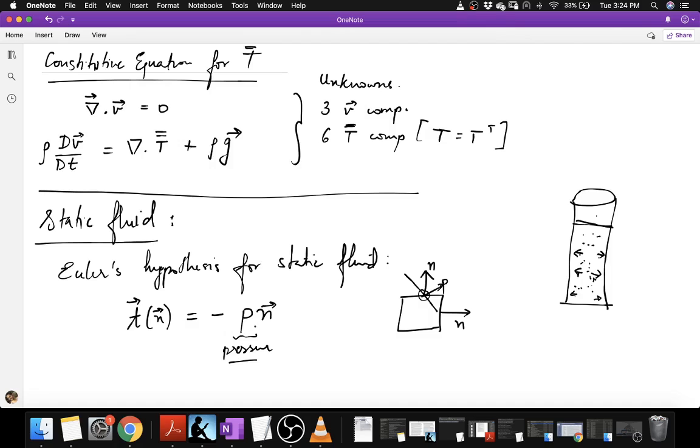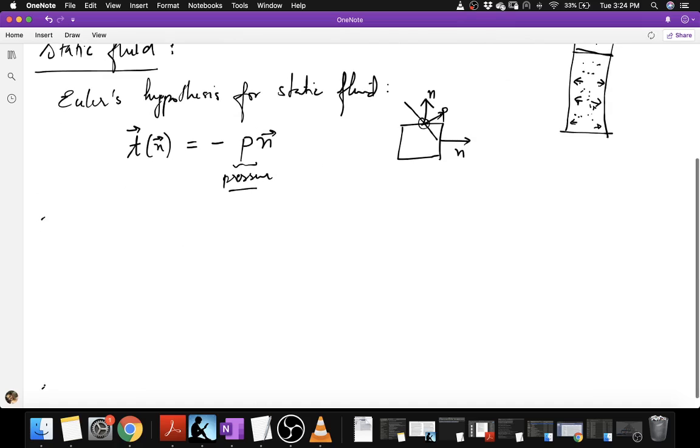So let's see what this means if we substitute this into the Cauchy equation of motion, for the case of a static fluid, that means the velocity is zero. In order to do that, we should first write down what the stress tensor is.